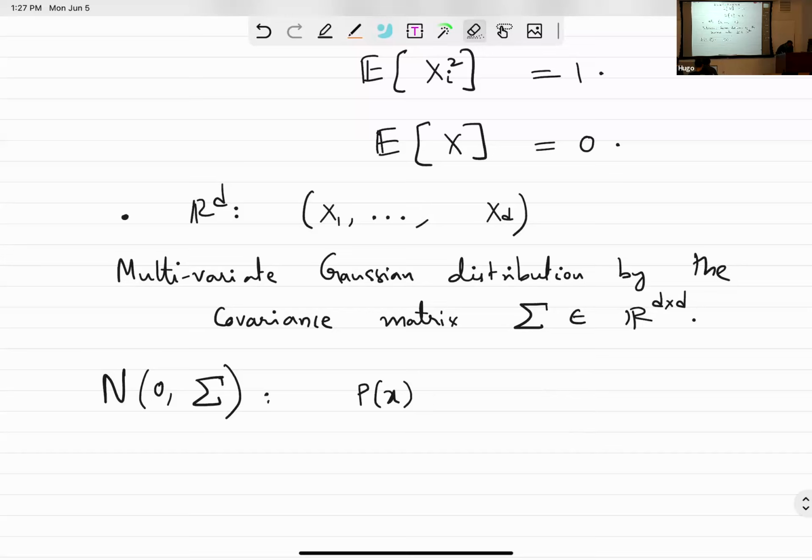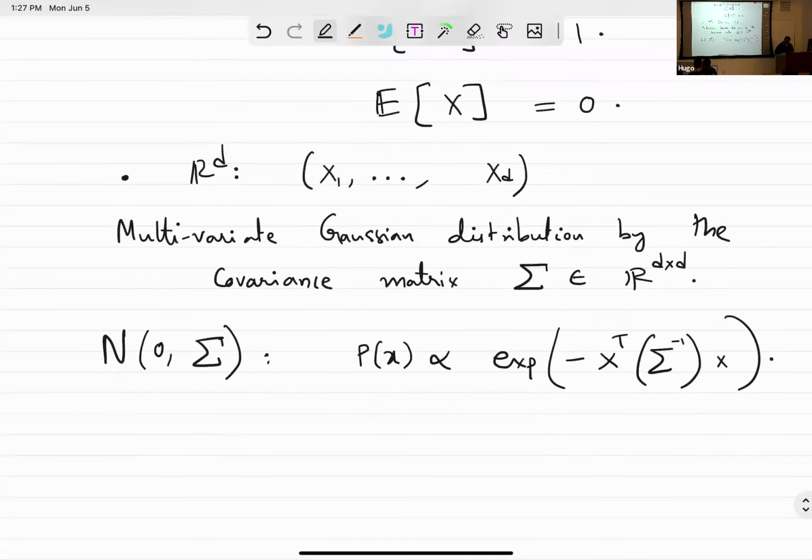I'll just say what's the most important thing, which is that it's proportional to X transpose sigma inverse. So sigma is a matrix, sigma inverse is a D by D matrix, X is a vector. Right? I'm looking at X transpose times a matrix times X. So this is a scalar now.